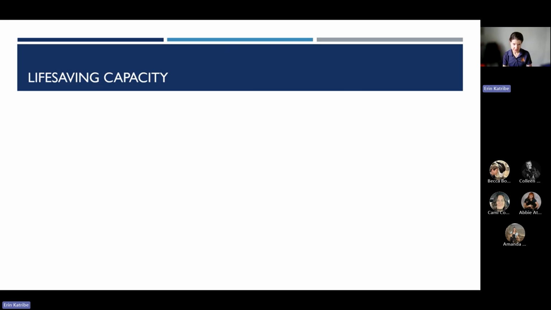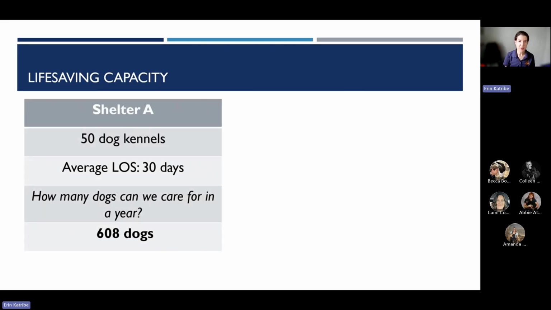And then I would present to you a different example with a little bit of a different math that looks at life-saving capacity over time. So in shelter A, this shelter has 50 dog kennels with an average length of stay of 30 days. And so when I think about limited intake shelters that are pulling potentially from their local municipal shelter, this is a really good example.